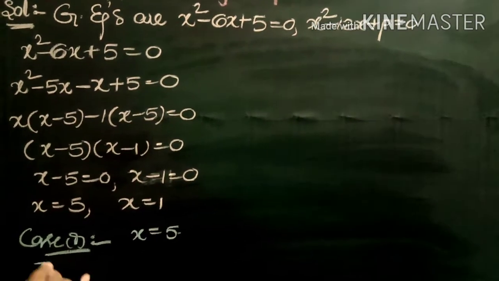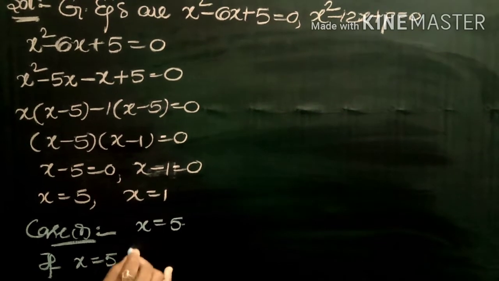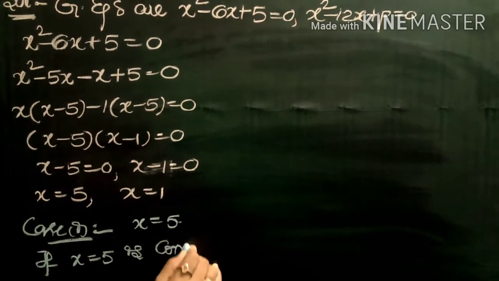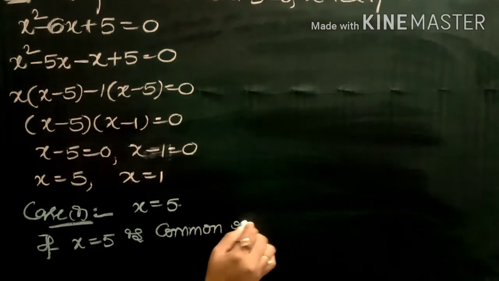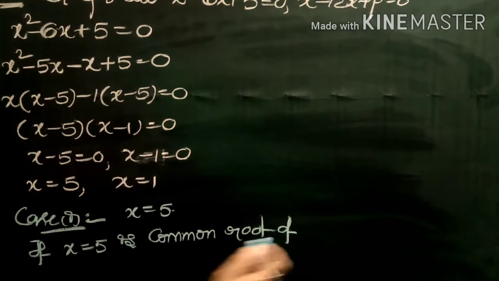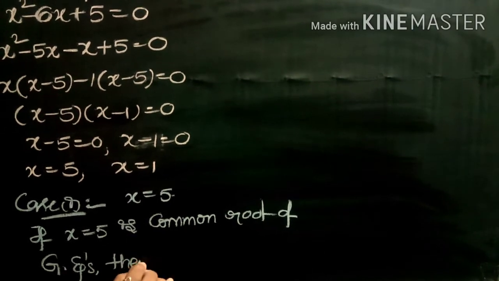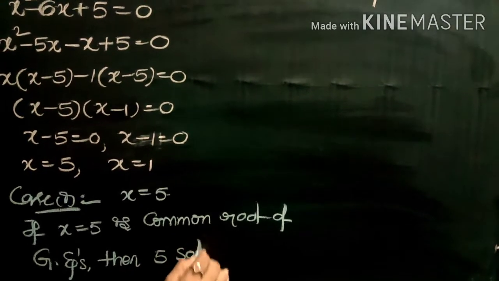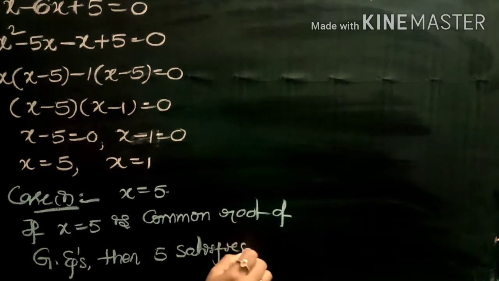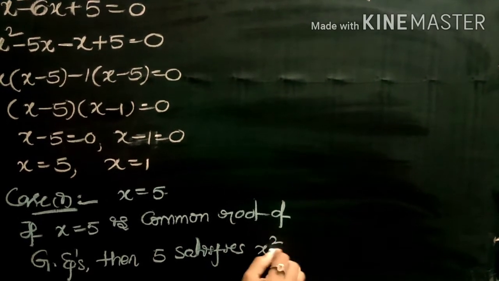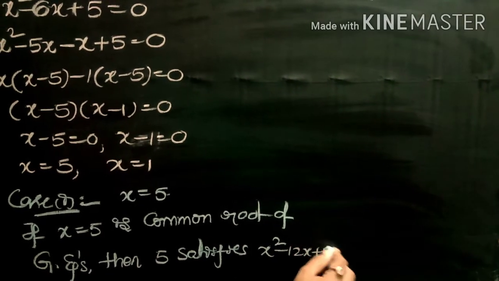Now if x is equal to 5 is a common root of given equations, then 5 satisfies the second equation. 5 satisfies the equation x square minus 12x plus p is equal to 0.